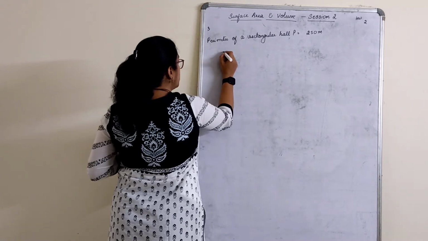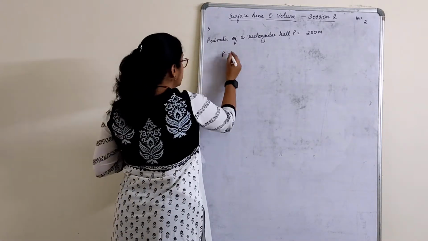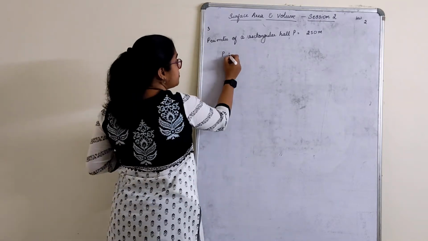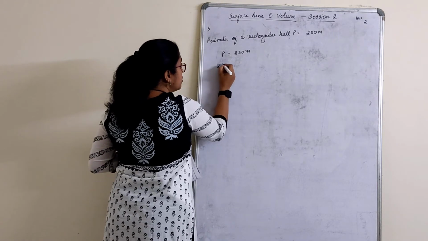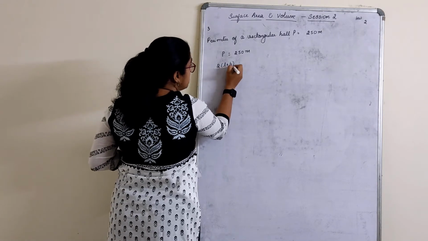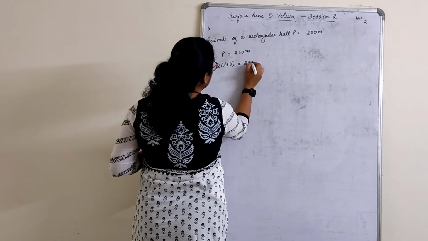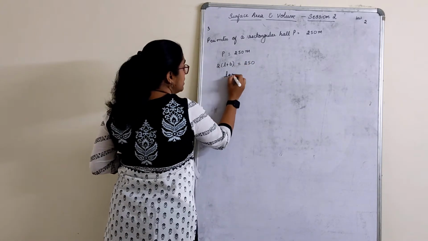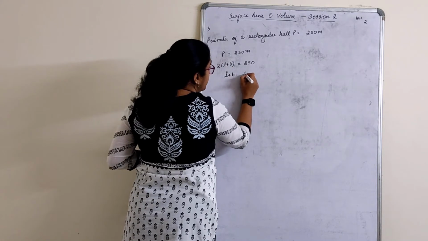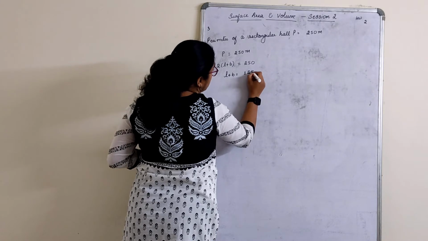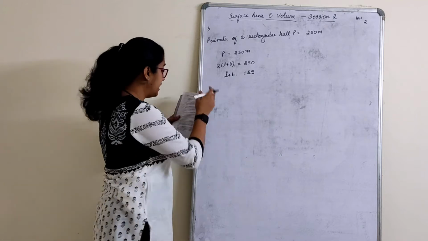How do you write perimeter, children? Perimeter is written as 2 times of length plus breadth. Right? That's the perimeter formula, is equal to 250. Length plus breadth is equal to 250 divided by 2. So 2 ones are 2, 2 2s are 4, 2 5s are 10. Keep this as it is. Length plus breadth is 125 as it is now.